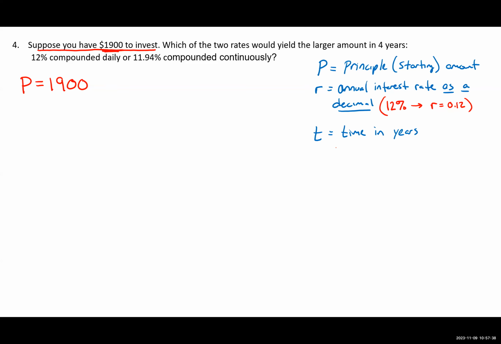So for example, for 4 years, we would use t equals 4. Something like 6 months, we would use t is equal to 0.5. 6 months is half of a year, 0.5 years.